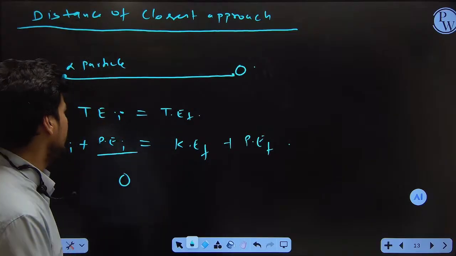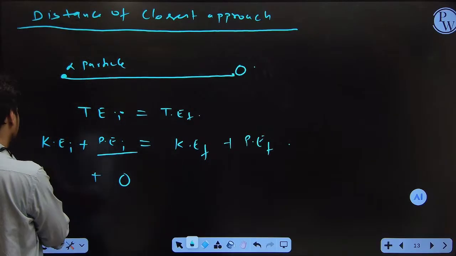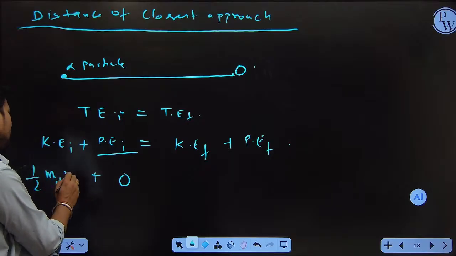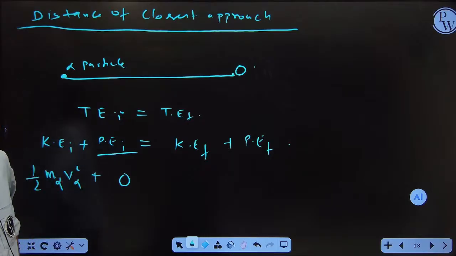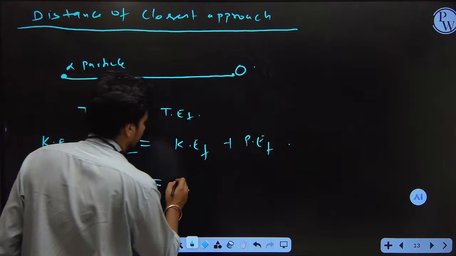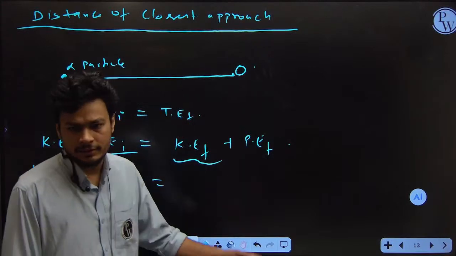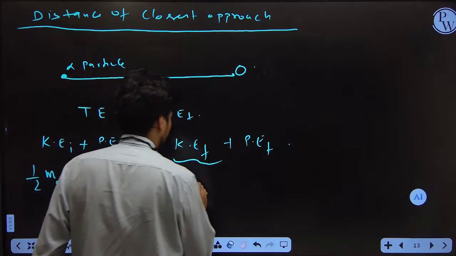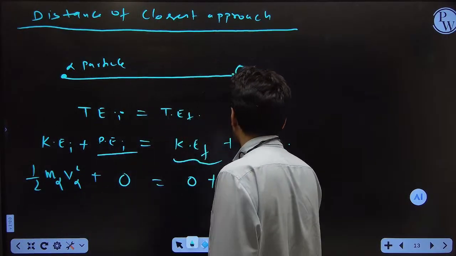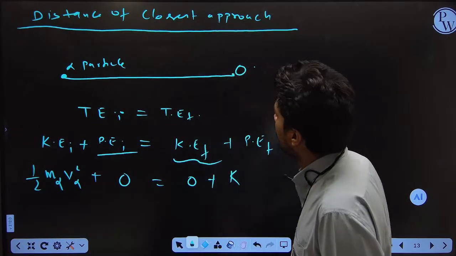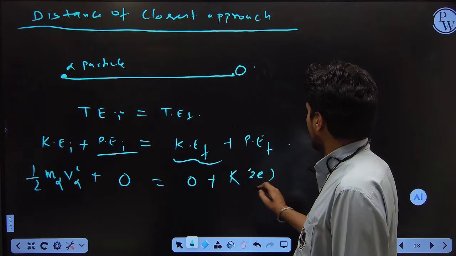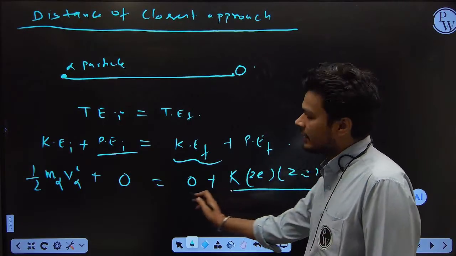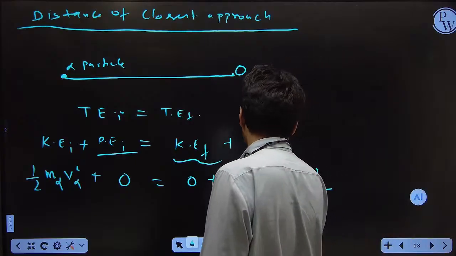The kinetic energy, this particle has some energy, half m alpha v alpha square, or you can just write kinetic energy, will be equal to the final kinetic energy, which is 0, plus the final potential energy, K into 2e into Ze by R minimum.